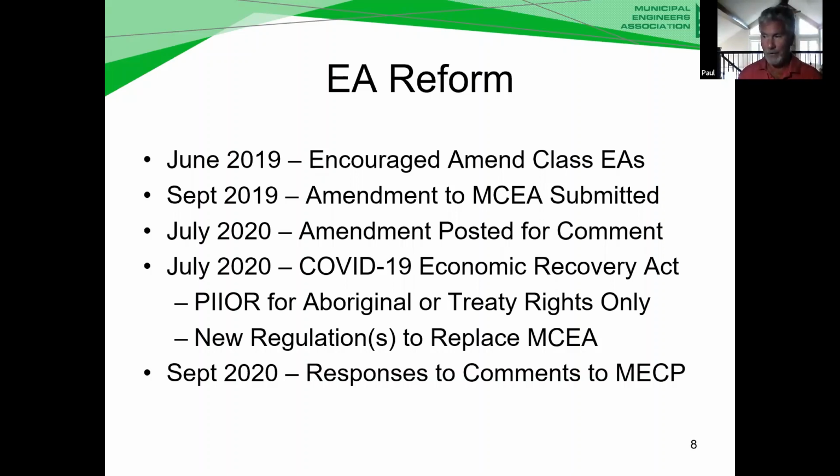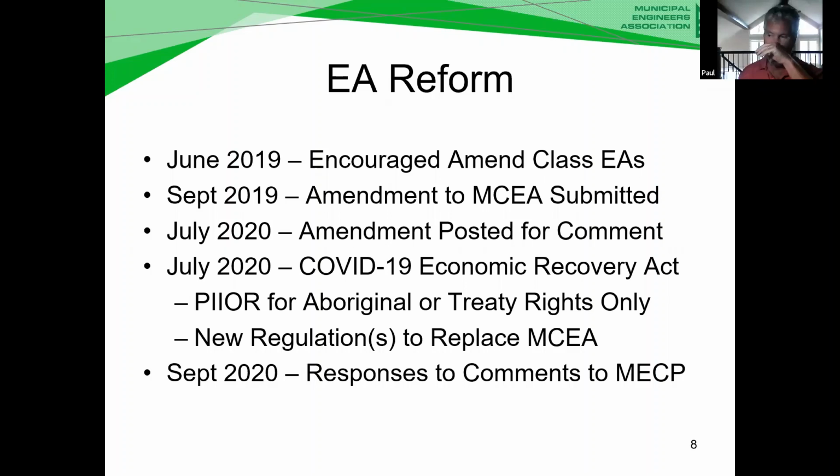So there was this flurry of activity. And in that act, it did two things related to the Class EA. It really significantly altered this Part 2 order request process and said it was only available for Aboriginal or treaty rights. If it didn't involve Aboriginal or treaty rights, it wasn't accepted as a Part 2 order request, so the ministry would not deal with it.